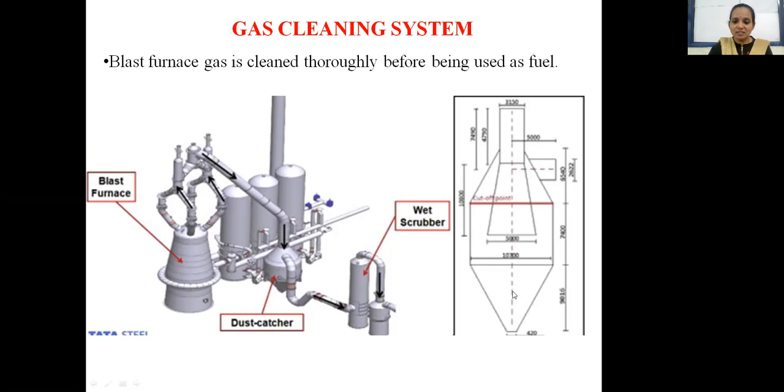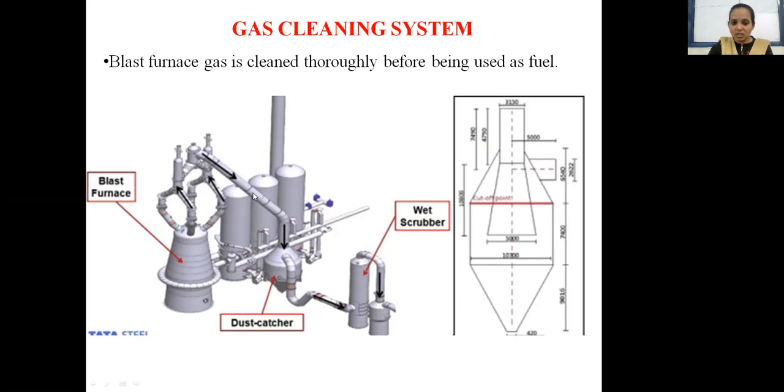For a while, the gas stays here itself. Then the coarse dust particles present in the gas are collected from the bottom side. The coarse cleaned gas next moves to the wet scrubber.